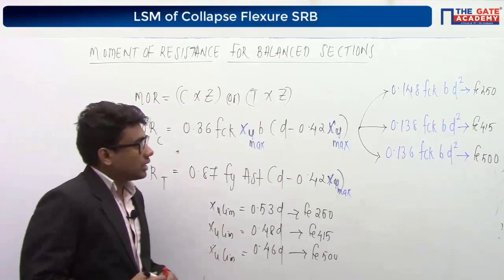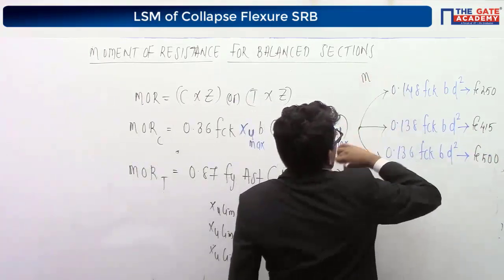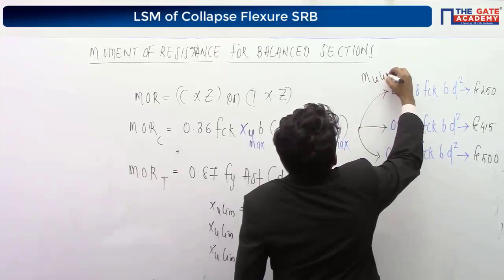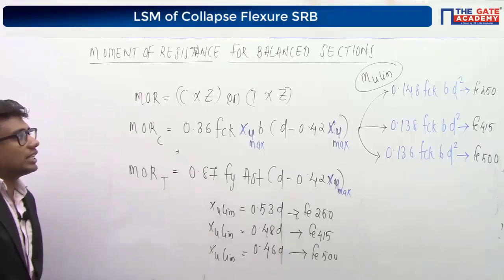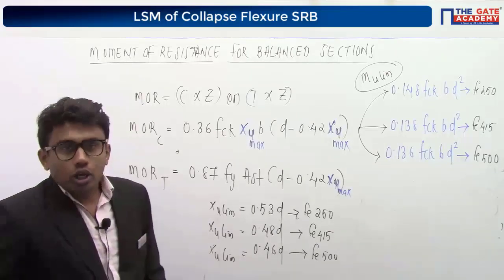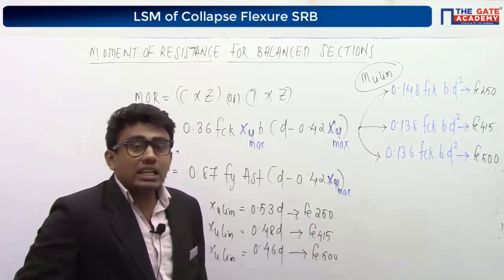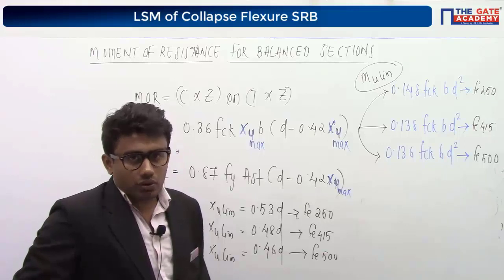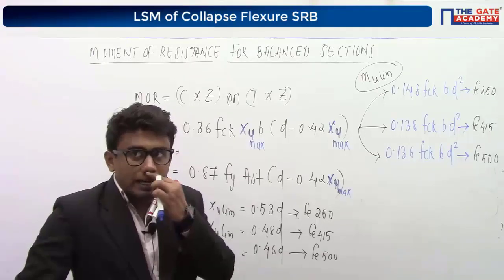These equations are known as moment of resistance for limiting sections, or Mu limit. Mu limit will be equal to 0.148 FCK BD square for Fe 250, 0.138 FCK BD square for Fe 415, and 0.136 FCK BD square for Fe 500 grade steel.